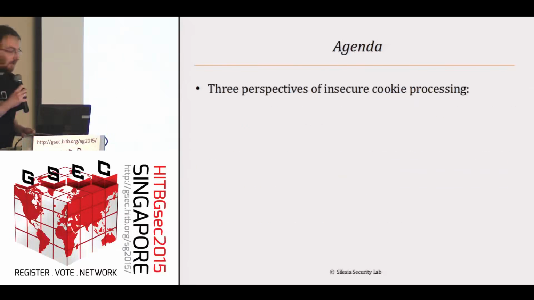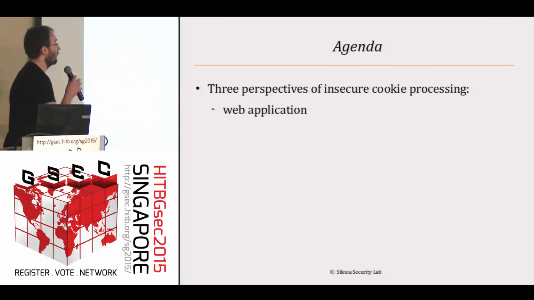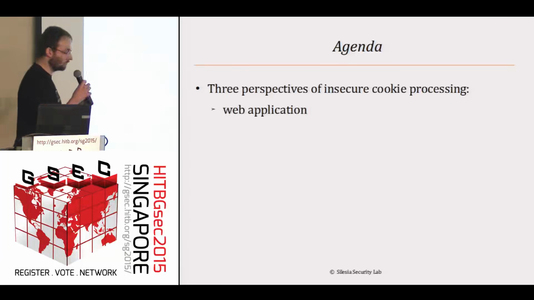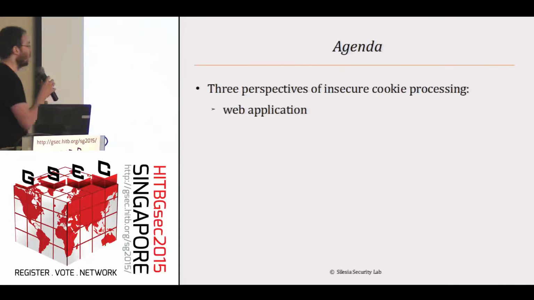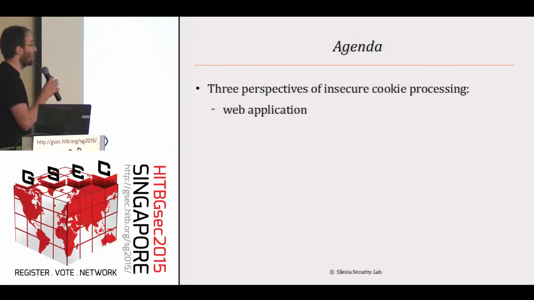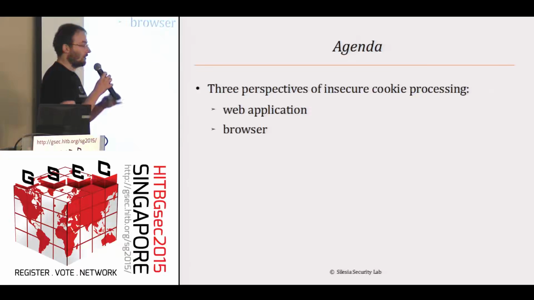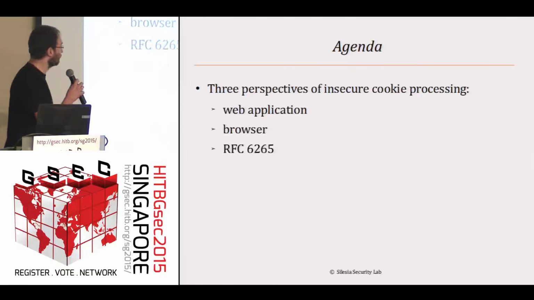Okay, so what's the agenda, basically? I will present cookie hacks from three perspectives. One, web application, the first one that comes to mind. Another is the web browser level. I will show you a few problems right now in current browsers.